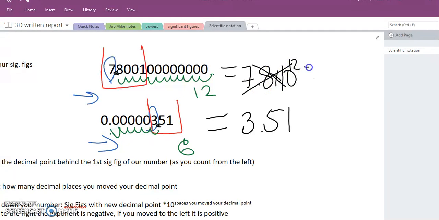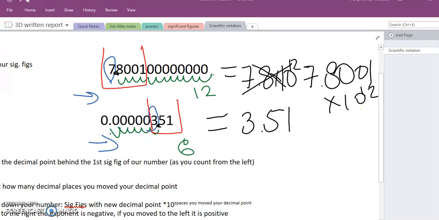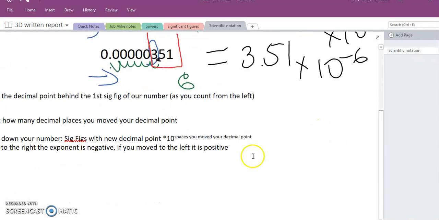This is not 7.8. This is 7.8001 times 10 to the 12. Now this one is 3.51 times 10 to the negative 6. It is negative because I moved to the right. And that is it.